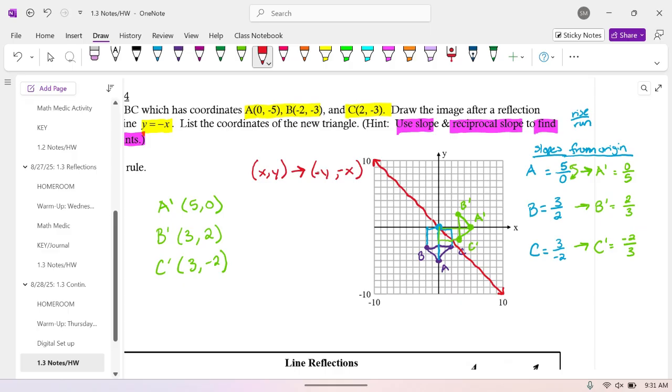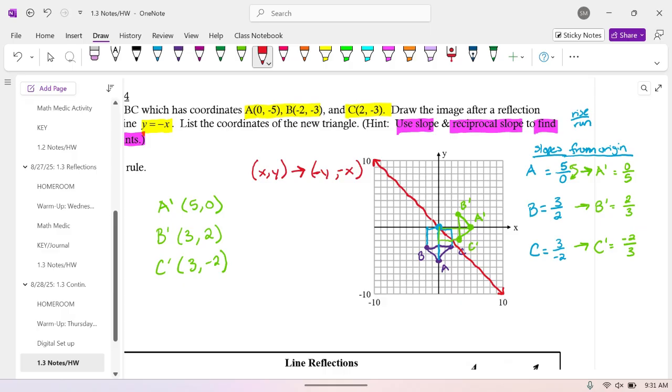So the only difference between y equals x and y equals negative x is that they both switch the places of the points. So x and y switch their places. So the y value is now in the x place, and the x value is now in the y place. But with y equals negative x, they also switch their signs.